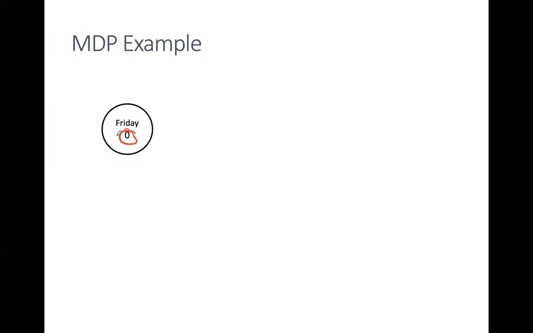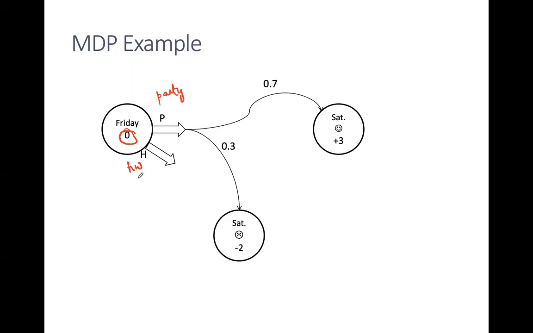Let's say the action choices for our hero are: you can either go to a party, since it is the weekend, or you can do your homework. So you have 2 action choices in this state, and our actions have consequences, but they are non-deterministic.